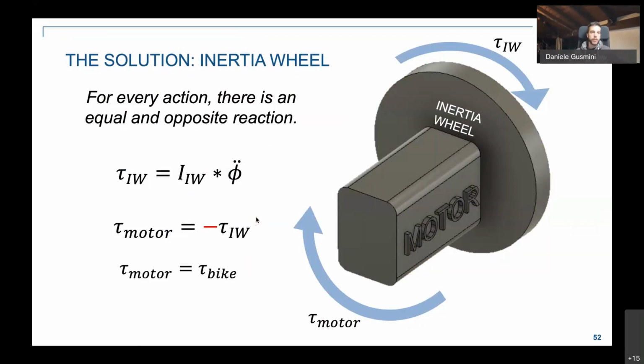But the motor is connected to the bike, so we can transfer the torque produced directly onto the bike. So maybe now you have a clearer idea of how we can act on the system to produce a torque that counterbalances the torque produced by the weight, giving a stable equilibrium.